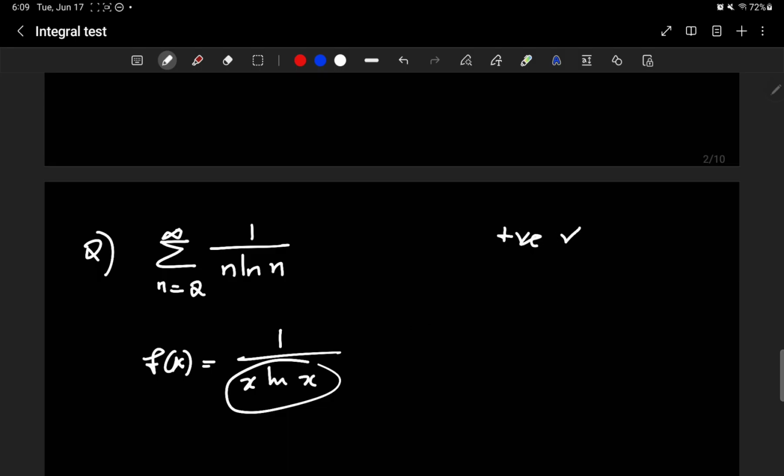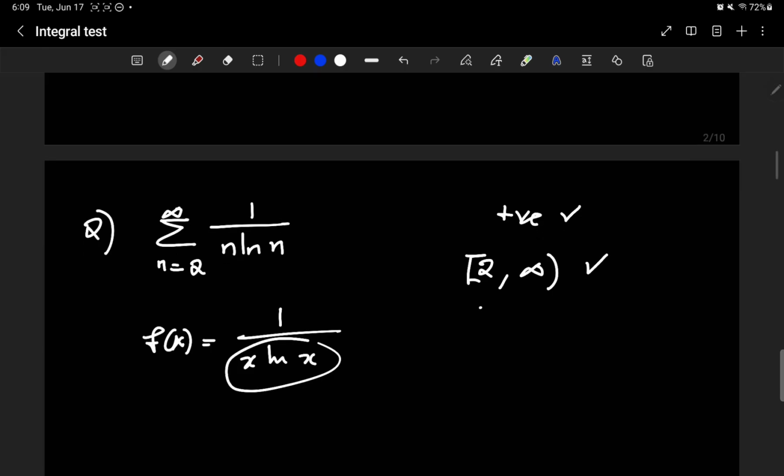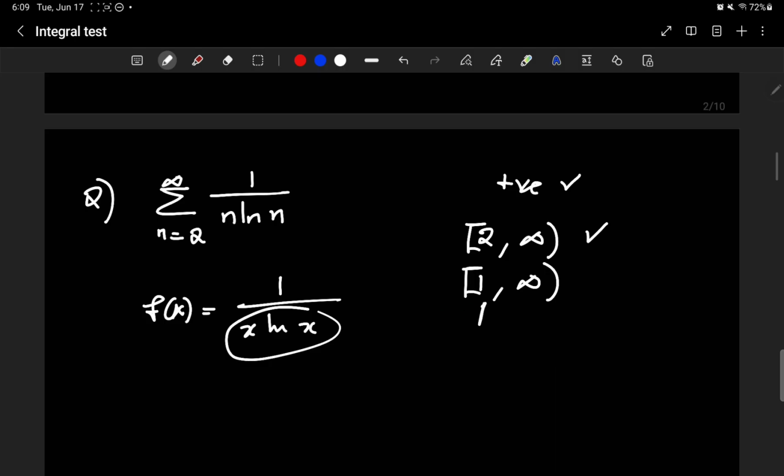Next, from x equals 2 to infinity, this is always continuous. Now, this is where I wanted to say that if this had started from 1 to infinity, notice that ln 1 would have been 0. At the starting point, it would have been 1 over 0, and this would have been undefined.